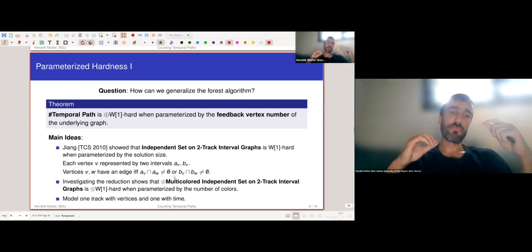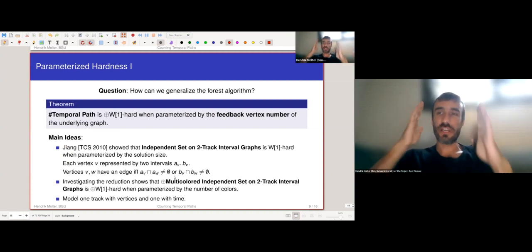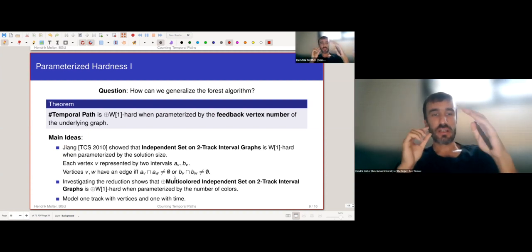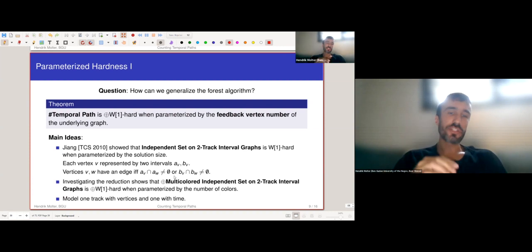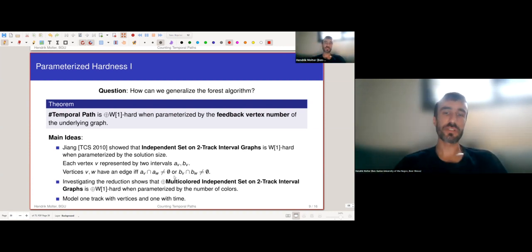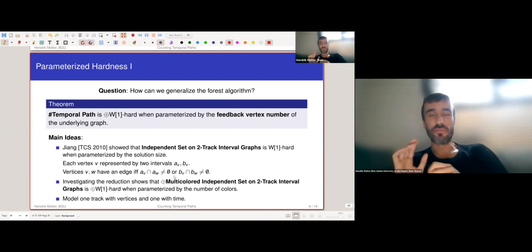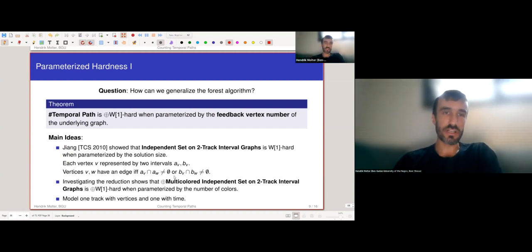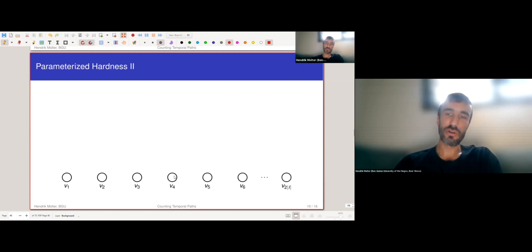And the very rough idea is that we have these two tracks, and we want to model one of these tracks with the vertices and one of these tracks with our time steps. And I want to give you a very rough idea how that can be done. So we just create a temporal graph where we have the vertices of our multicolored independent set instance like this.